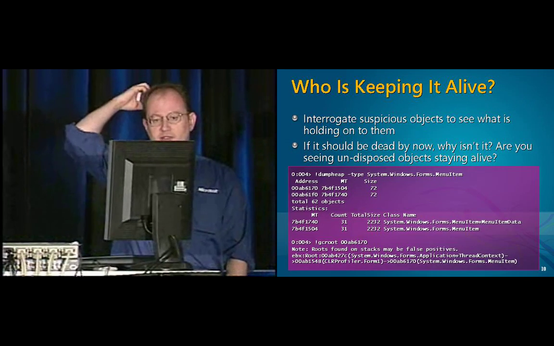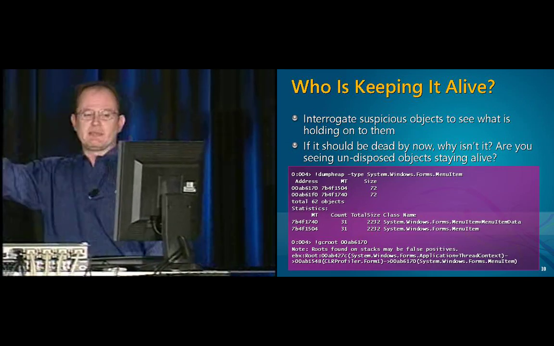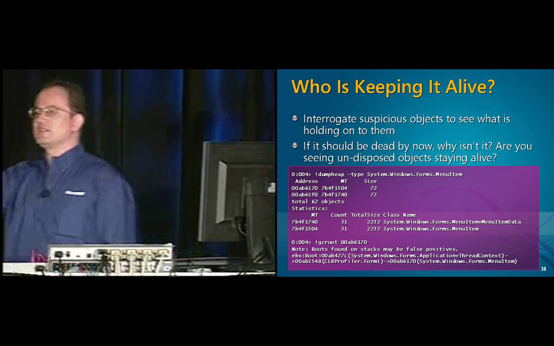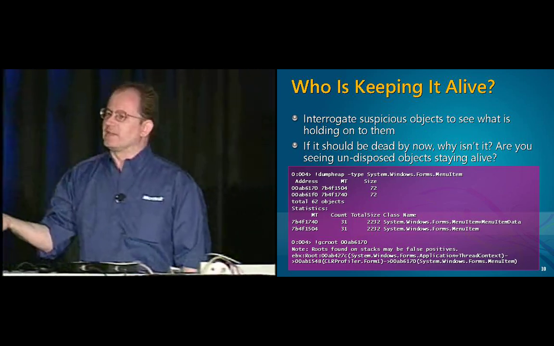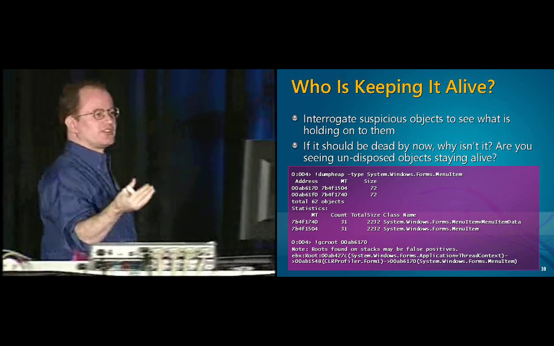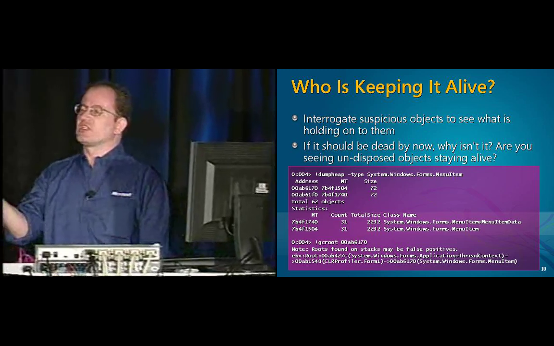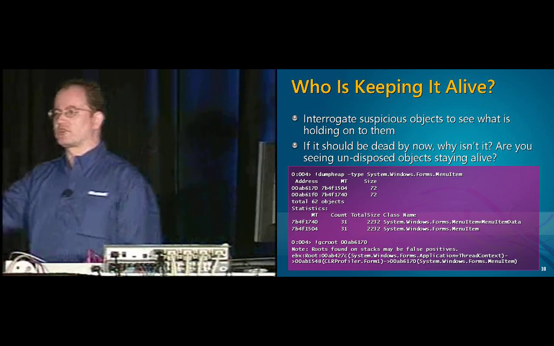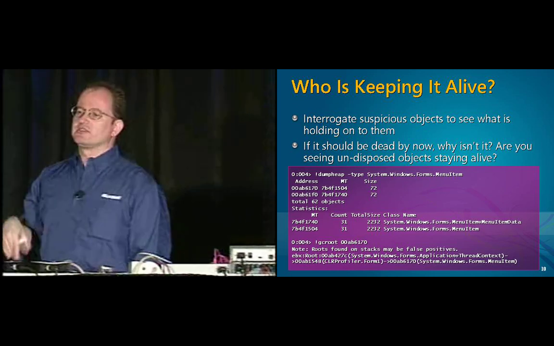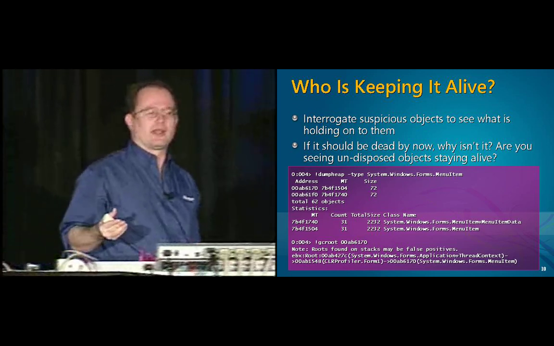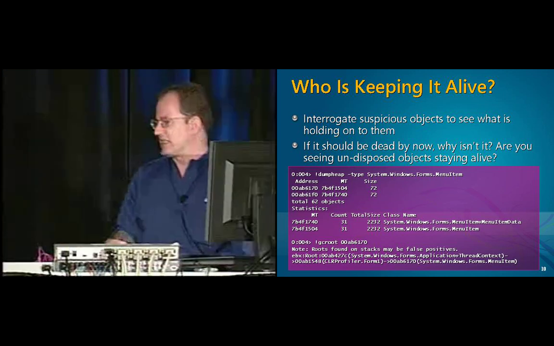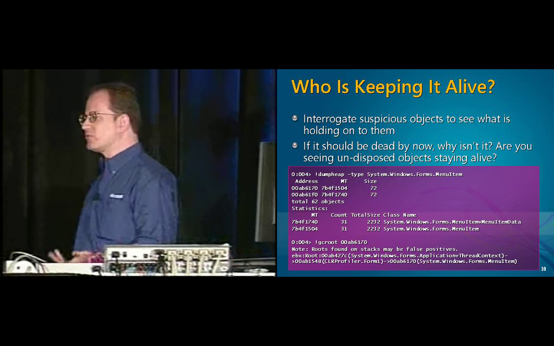All right. Suppose now we find something on the heap that we didn't expect to see. Like for instance, in this example, let's look at menu items. I just did a dump and I was looking at the statistics, and if it turned out that there were a lot more menu items on the heap than I expected to see, then I might think, well, these were supposed to be dead.